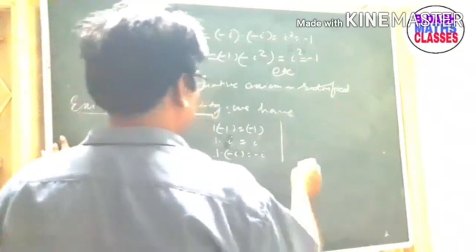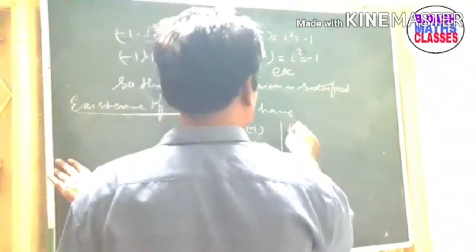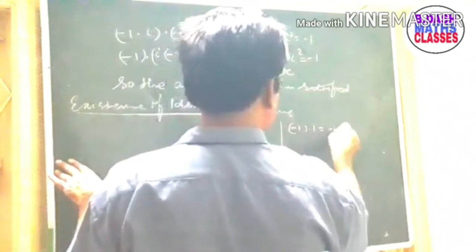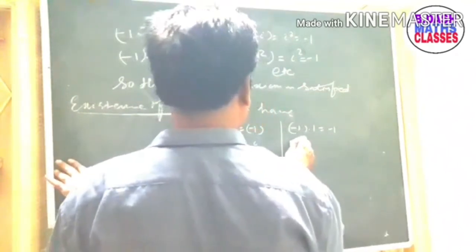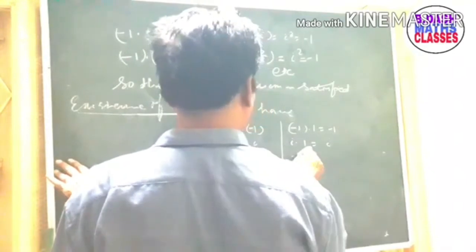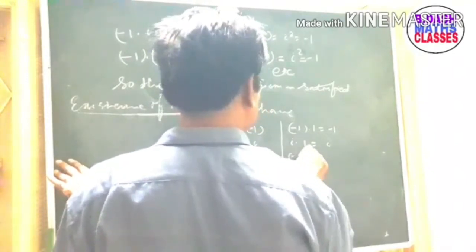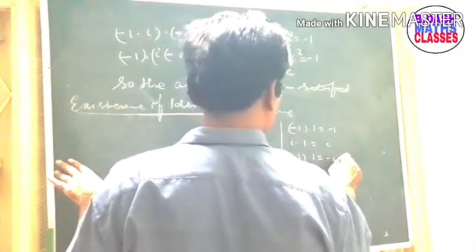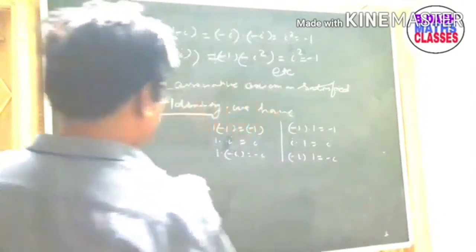Similarly, -1 × 1 = -1, i × 1 = i, -i × 1 = -i.